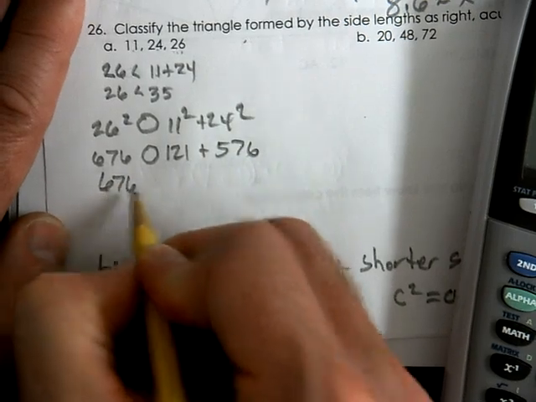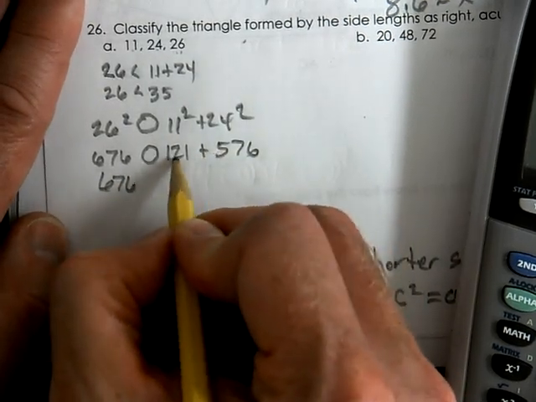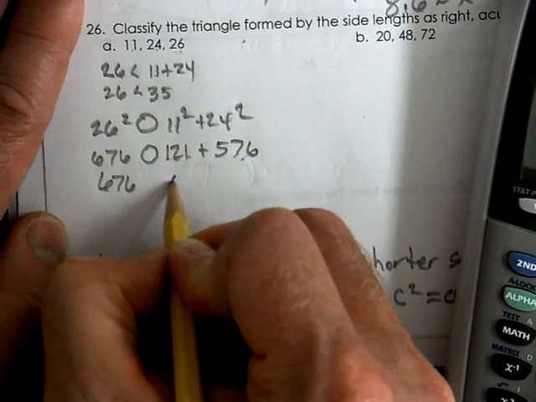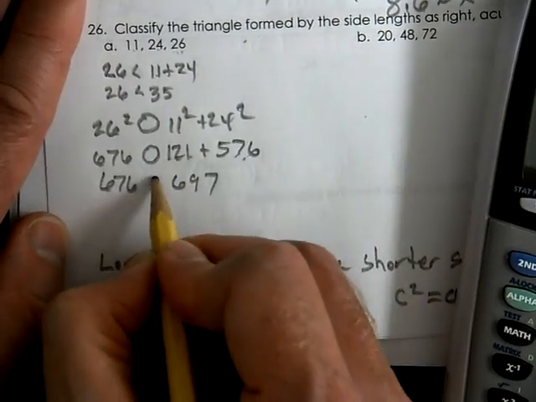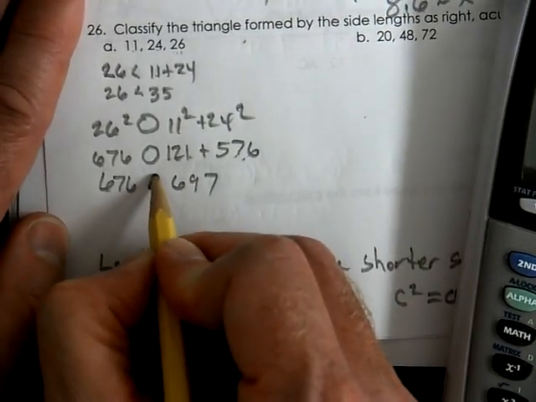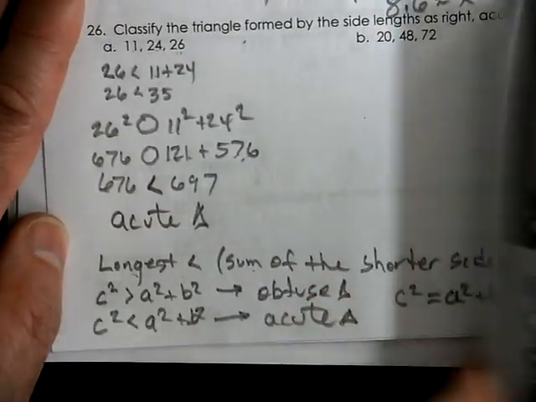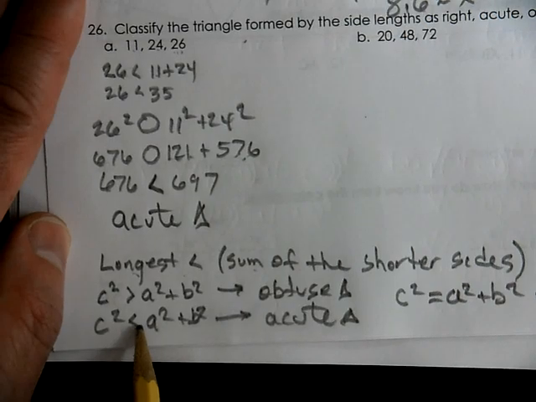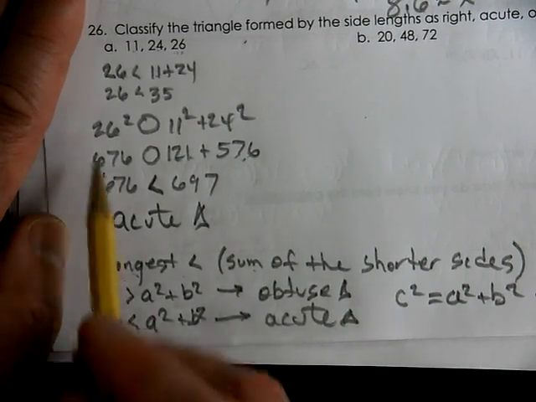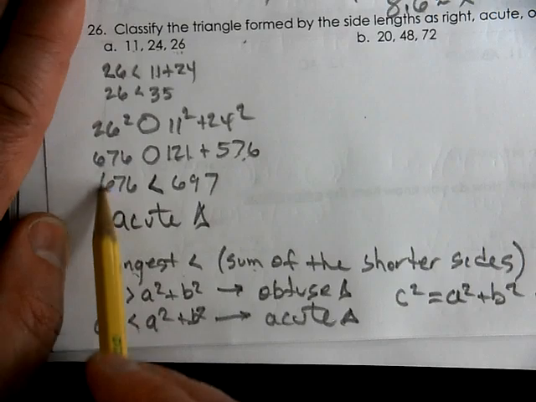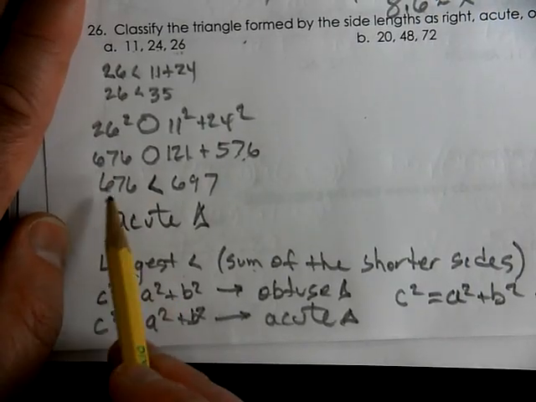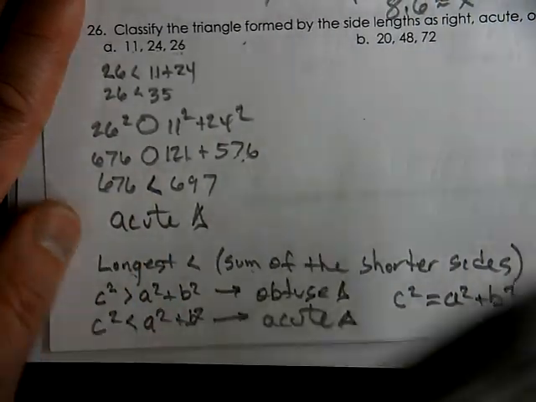So that's 676 and 697. So we notice that the c squared is less than. So we call that an acute triangle. C squared is less than. You got to put the c squared, the largest side, on the left side. C squared is less than.